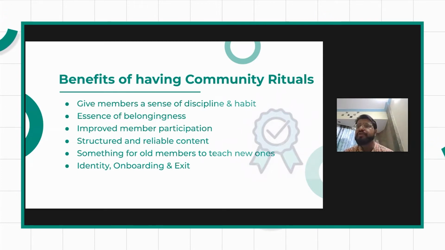And the most important point, these three words at the end of the slide: identity, onboarding, and exit. Identity, like I gave the example of Zomans, Trailblazers. When you create rituals, you can choose specific words which people use before creating a particular kind of post, or they call each other with a particular name, with a particular title.